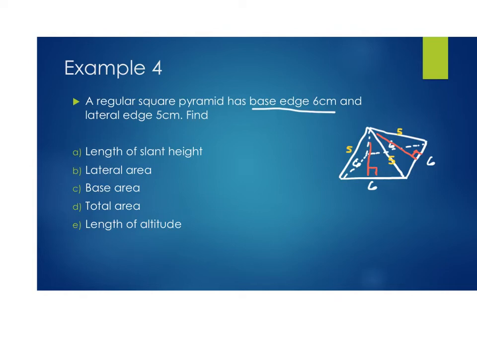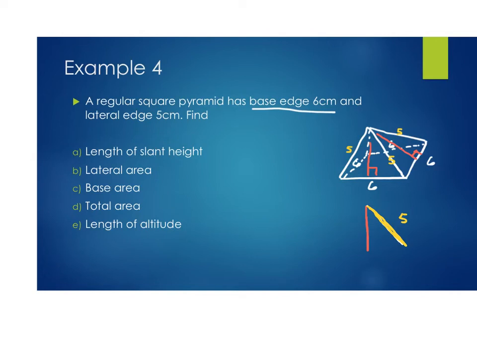So in order to find this, I'm going to pull out the triangle that's here. So I'm going to pull this slant height down here, and then I can draw down this lateral side. Actually, let me draw the lateral edge in yellow, and that's 5.